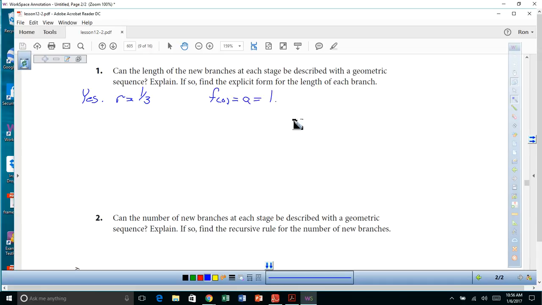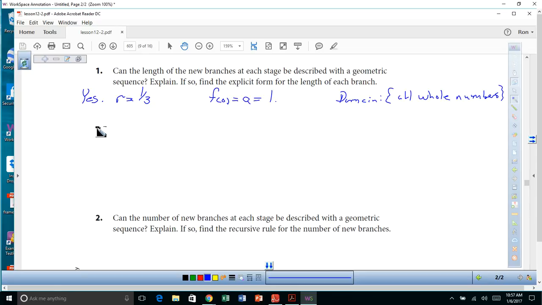Okay, the domain is going to be all whole numbers. Remember whole numbers: 0, 1, 2, 3, 4, and so on.